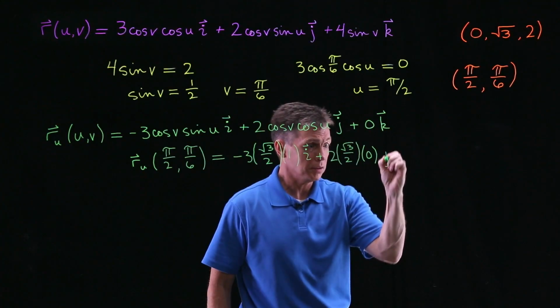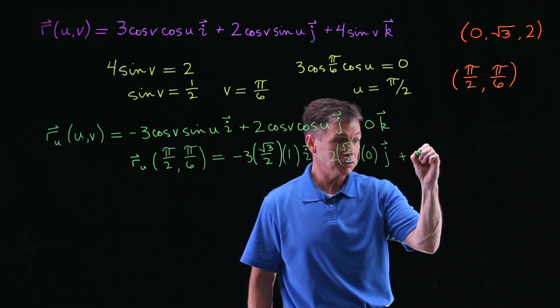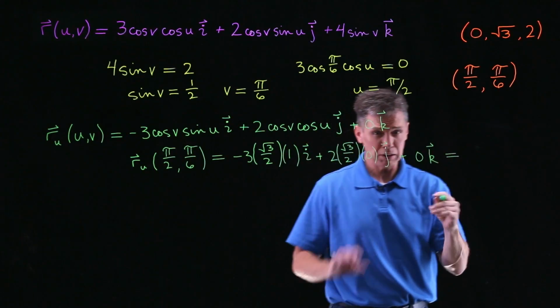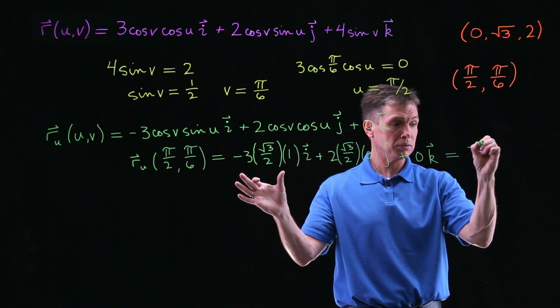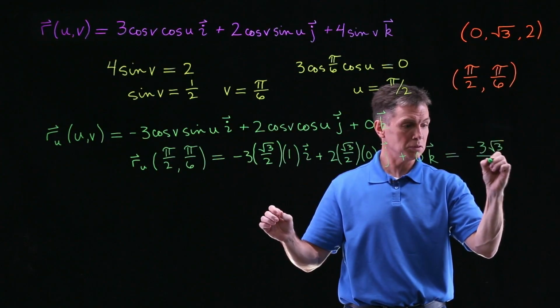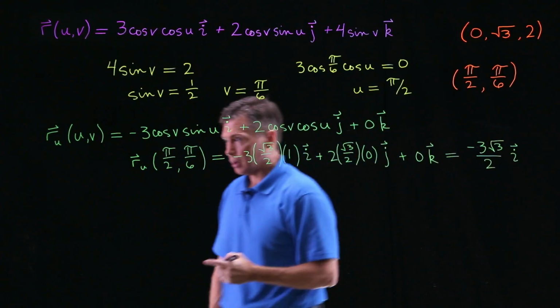And then the j vector, and then plus 0k. Let's just rewrite that to clean it up: I'm just looking at minus 3 square root of 3 over 2 times i.